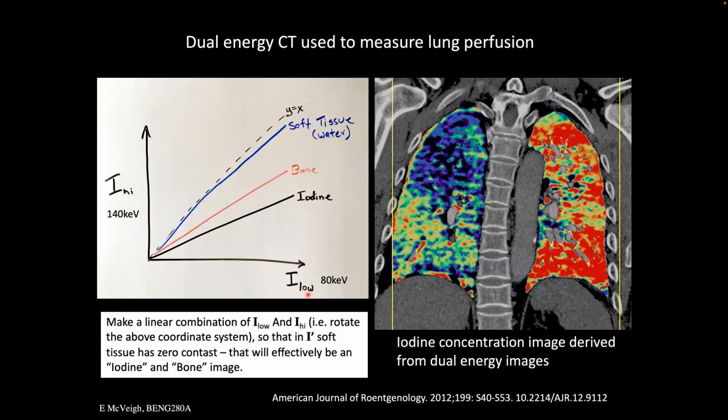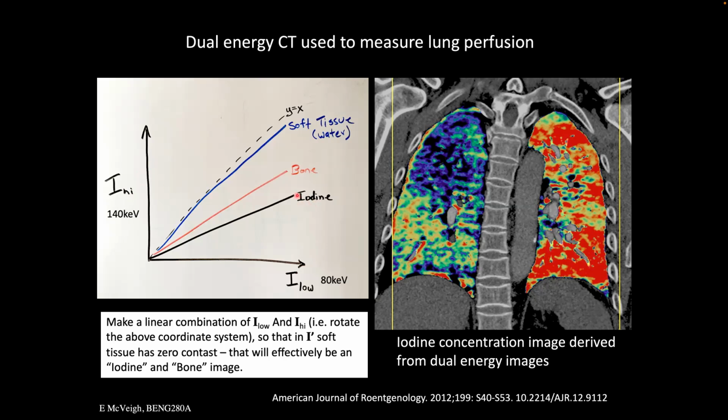And so remember back almost to the first lecture or second lecture, this beam, because it has so many low energy photons, will be attenuated principally by the photoelectric effect. It's sort of a 50-50 photoelectric Compton, right? This beam, on the other hand, will have a much higher fraction that is Compton. In fact, it'll be like 95% of the interactions that attenuate these X-rays will be Compton. And so depending on the materials, you get a different ratio between the photoelectric and the Compton.